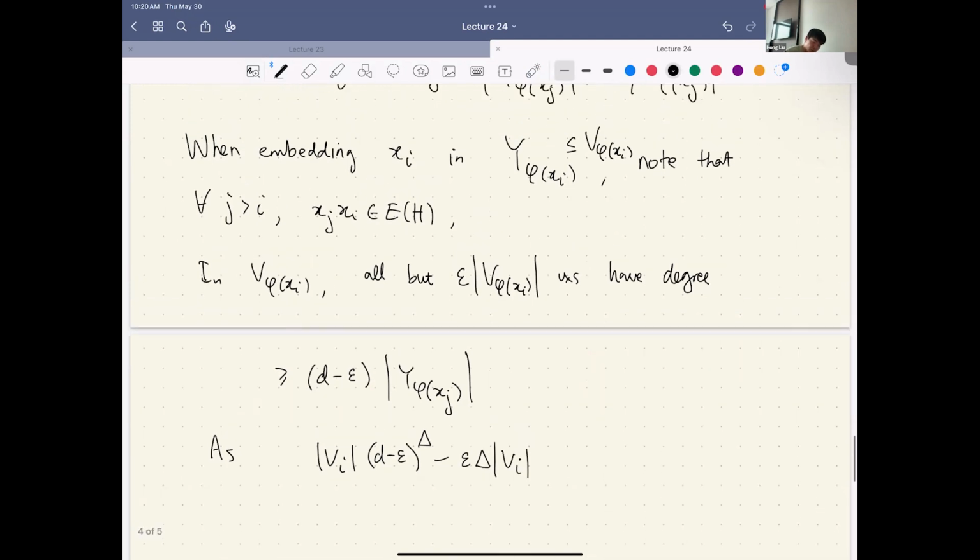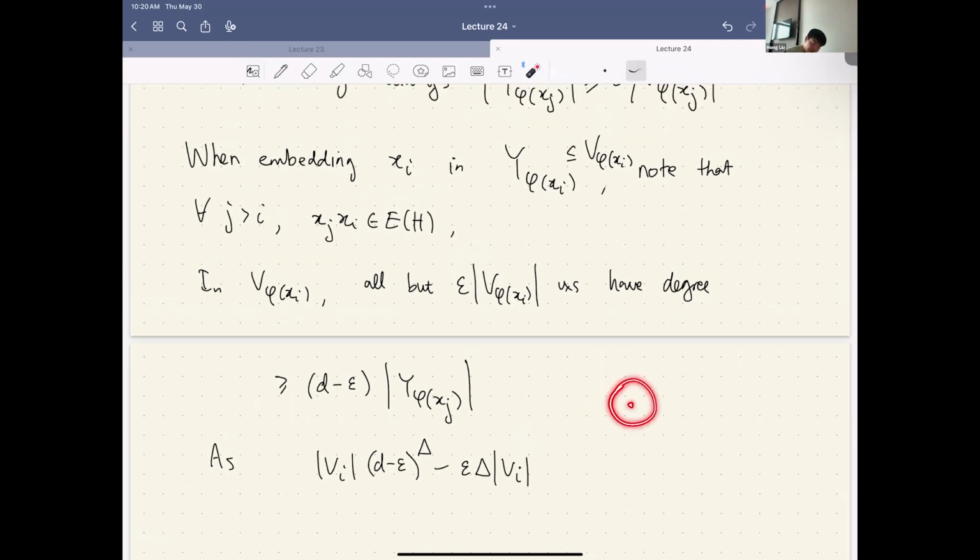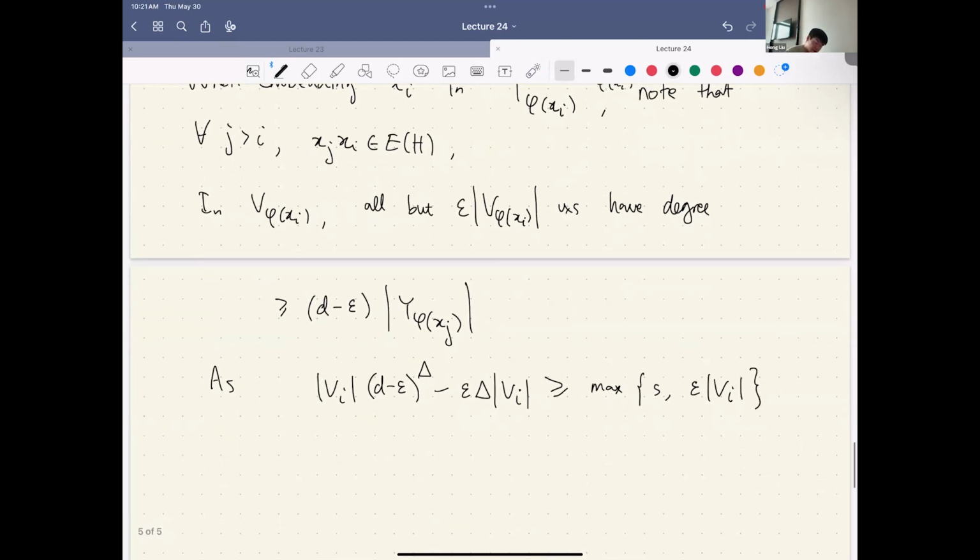This is for every cluster: if you embed it, you have to scoop out some exceptional vertices that have the wrong degree to your neighborhood cluster. There are delta such neighborhoods. Each time you scoop out epsilon to keep the typical vertices. If eventually this is larger than an epsilon fraction of Vi, this process can continue forever. We don't get stuck.